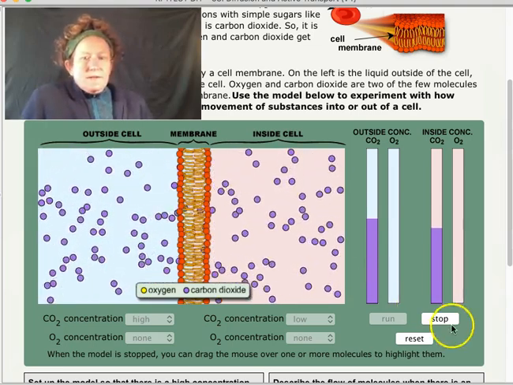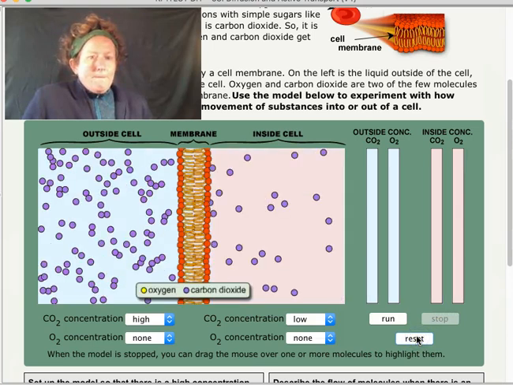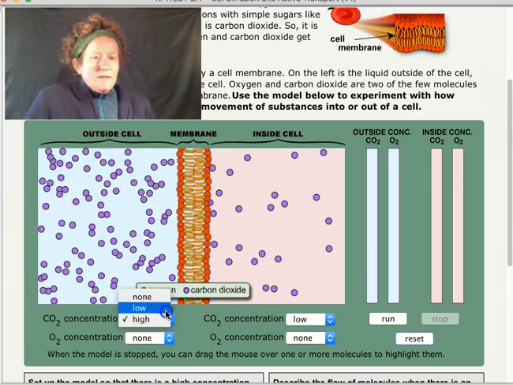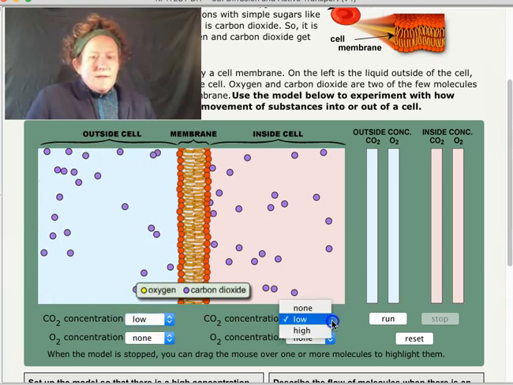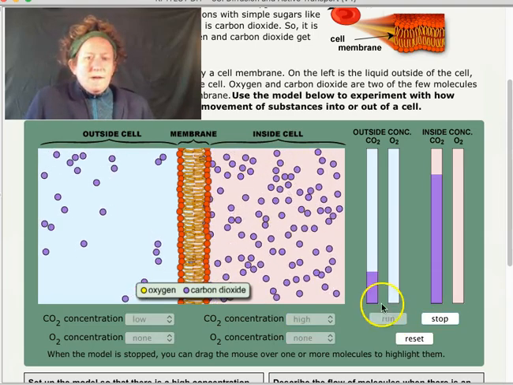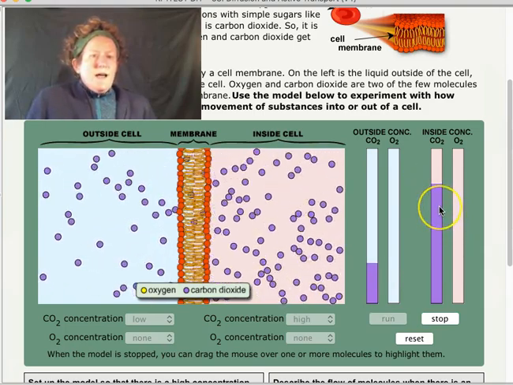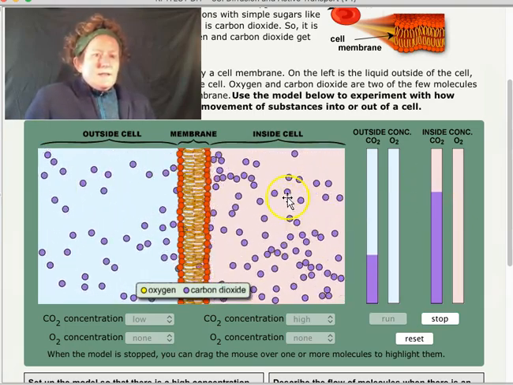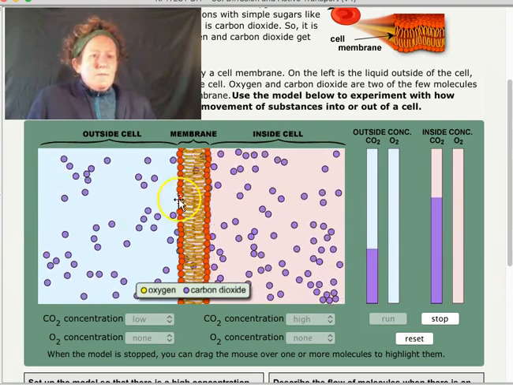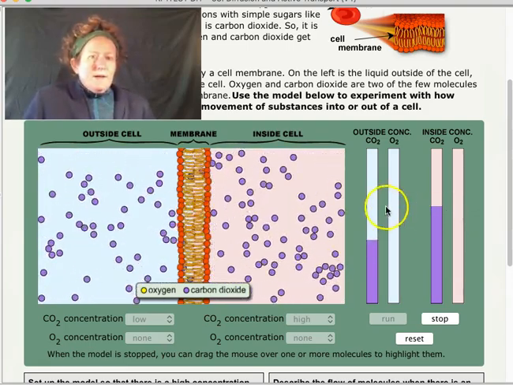Let's look at another example here. Let's make this low on one side and high on the other side. And so again, watch the bars here. You can see this bar on the inside of the cell, CO2 is high, and as some of those molecules bounce around and move across the cell membrane, they're kind of evening out.